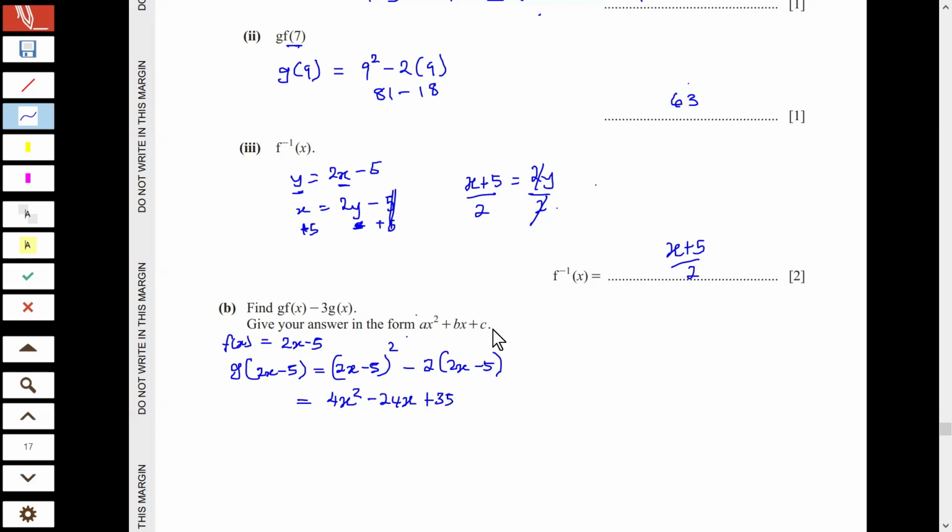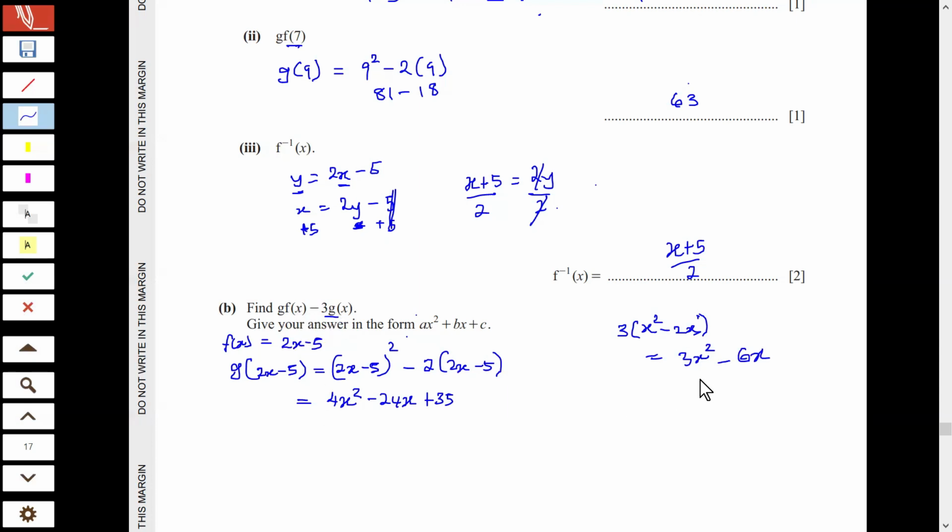Now, for 3gx, which is 3 times, of course, gx, x squared minus 2x, we can expand the bracket here. 3 times x equal to 3x squared minus 6x. So if we go by this expression here, we're to define gf of x minus 3gx.